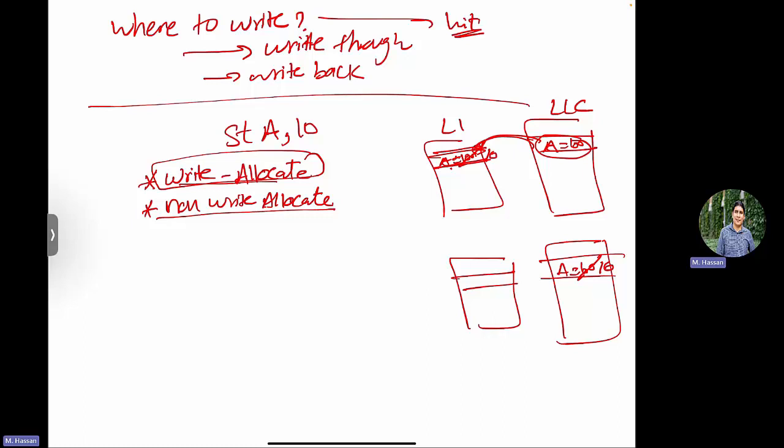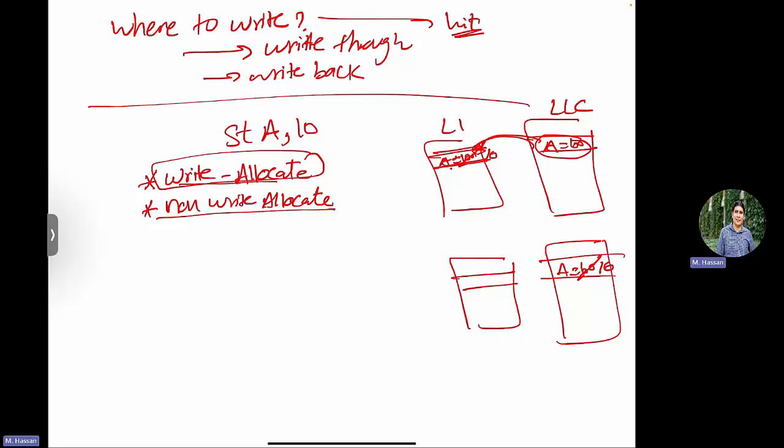That's a problem, right? In reality, one reason why I might not want to bring the write from the LLC to the L1 is that if I have a write through cache, for example, I'm writing here and I'm writing here anyway, so you are writing to the LLC. And usually when people study the benchmarks, they find that writes are way less than reads. Most of the time you are reading data from the memory, not writing into it.